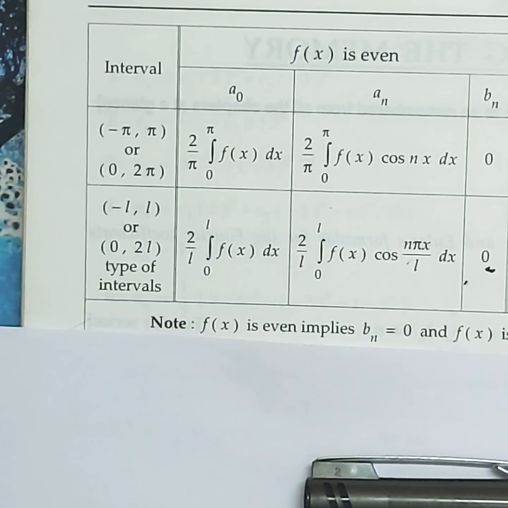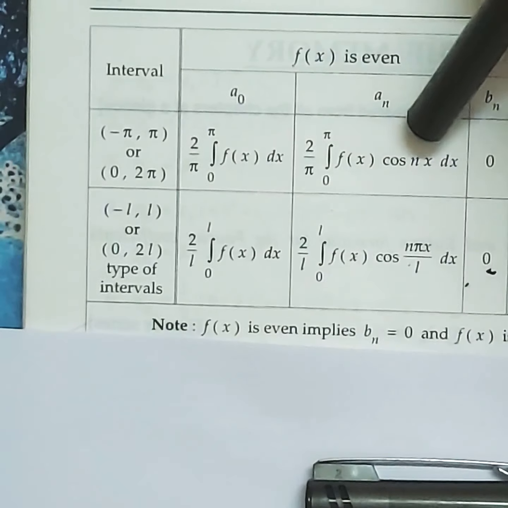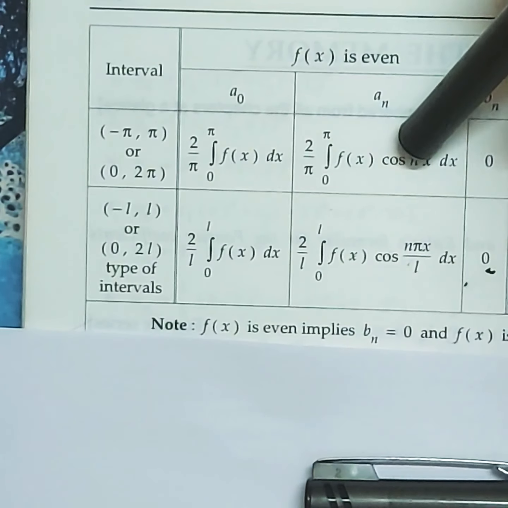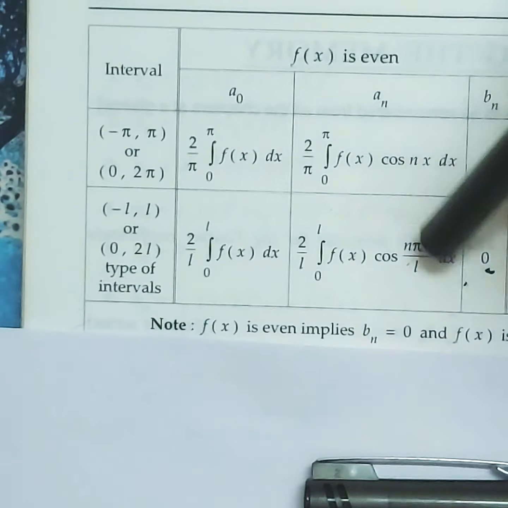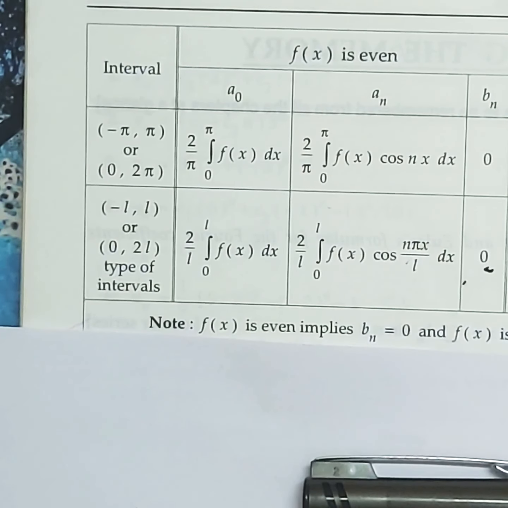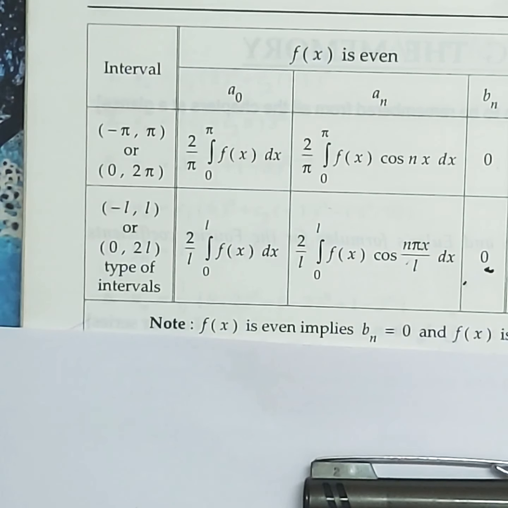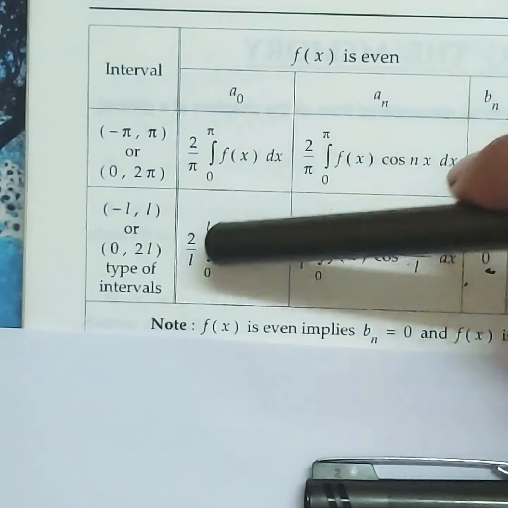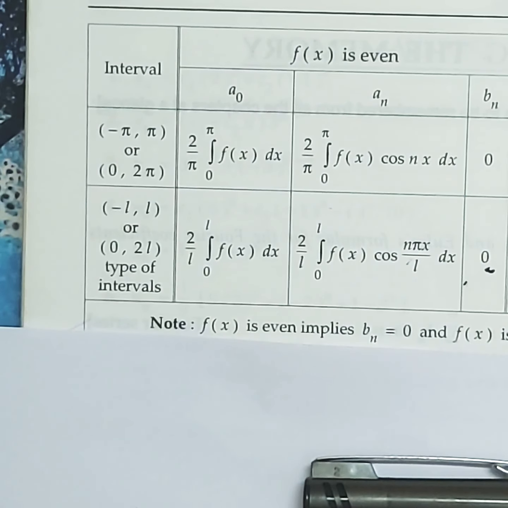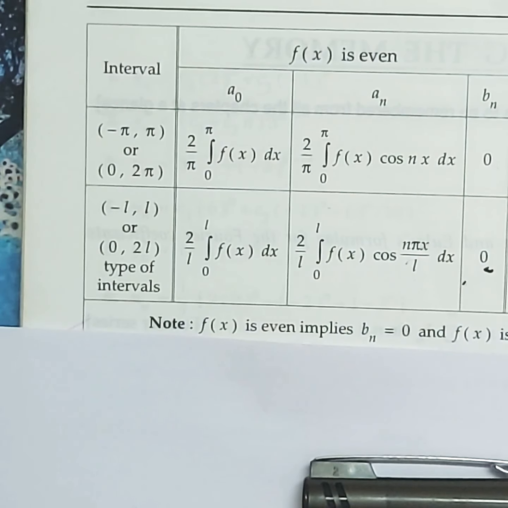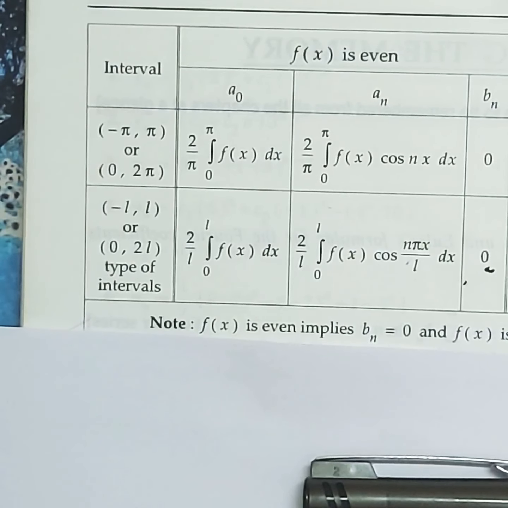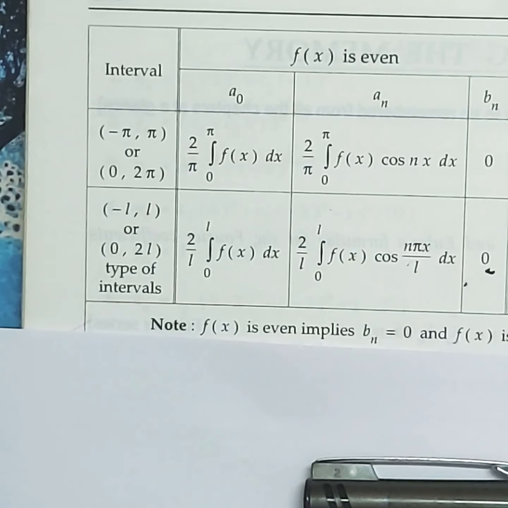So if the function is even, this is the case. Whether it's minus pi to pi, the formula has a small change, cos nx. If it's minus L to L, cos n pi x by L. Very small change. And remember, in all the cases, 2 by pi, 2 by pi, 2 by L, 2 by L. This is the formula. What will happen when f of x is odd?